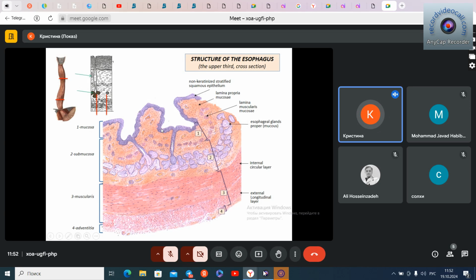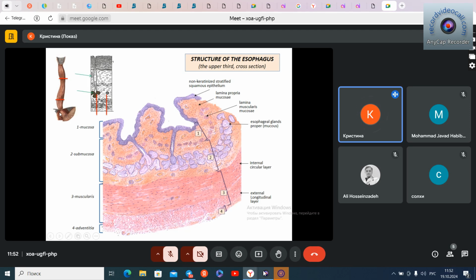Folds are the largest types of the relief, made up with the tunica mucosa and submucosa. They both form this folding, this invagination. So we have here the four tunics: tunica mucosa, tunica submucosa, tunica muscularis, and tunica adventitia, because it contains here no mesothelium.